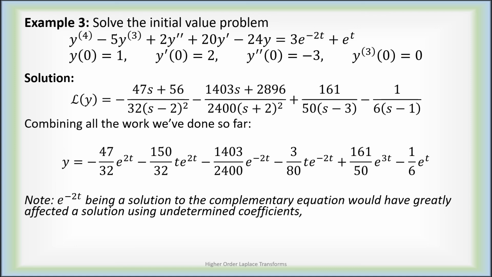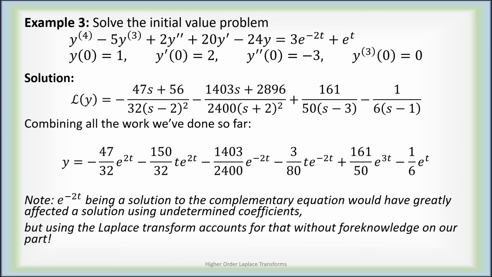If we were doing the method of undetermined coefficients, that would be a very important thing to have known in advance. But using the Laplace transform really didn't need to know that. The fact that e to the minus 2t solves the complementary equation, it never really affected how taking Laplace transforms works.